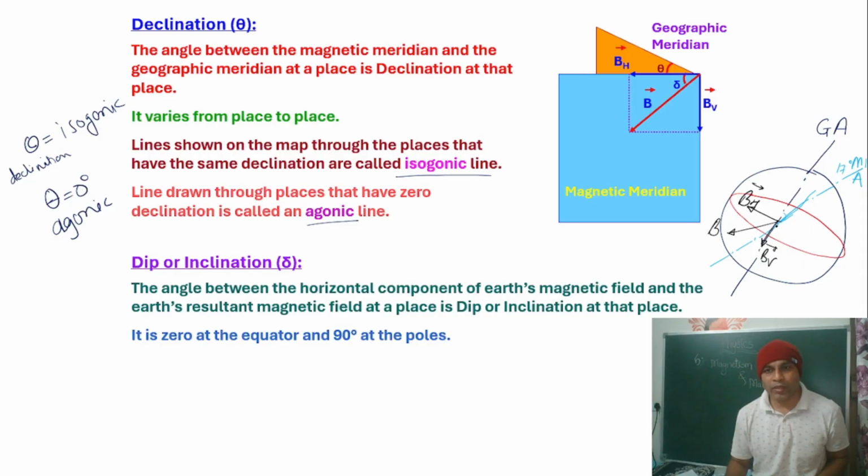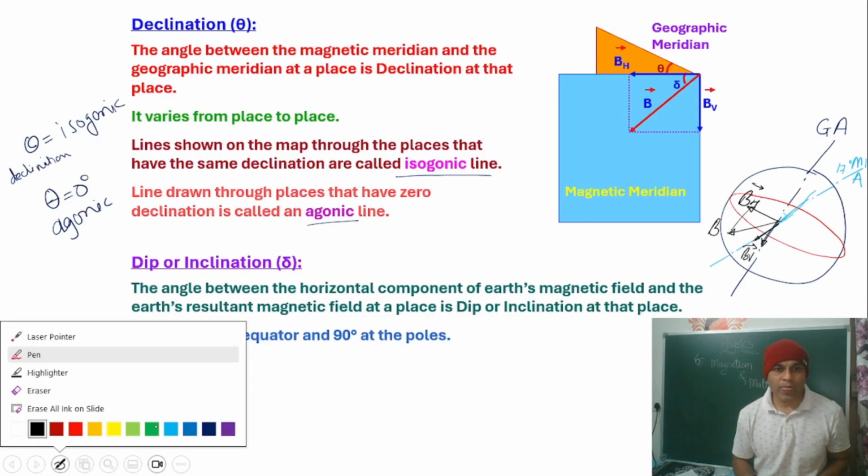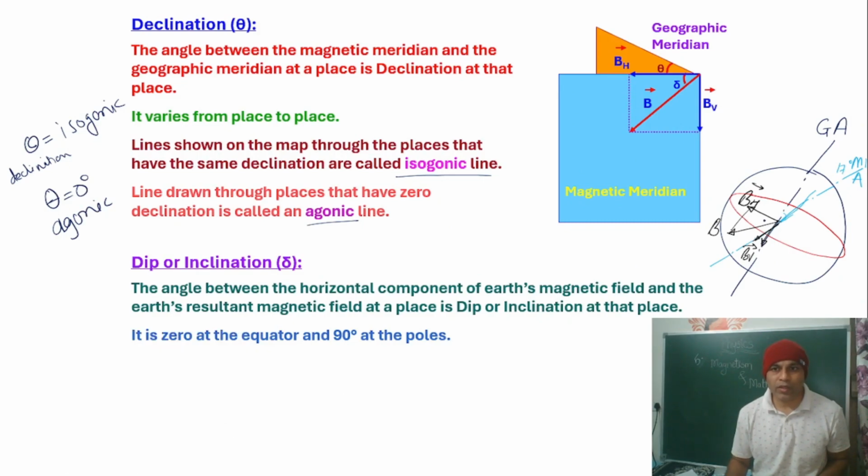And it might be this one. The resultant B, and here the angle I should mention is delta. It's not delta, right?